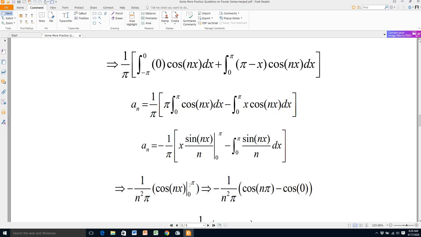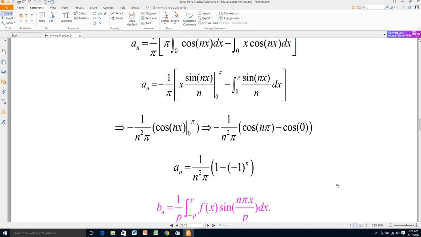When I evaluate this value at 0 and pi, it becomes cos n pi minus cos 0. And you see here, by using De Moivre's theorem, you know that this may be written in the form cos pi raised to the power n. You know that cos pi is equal to minus 1, so it is minus 1 raised to the power n.